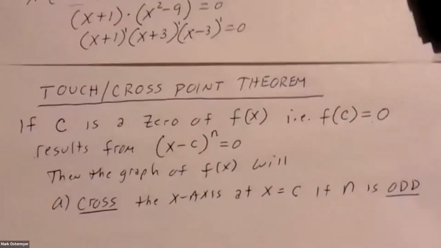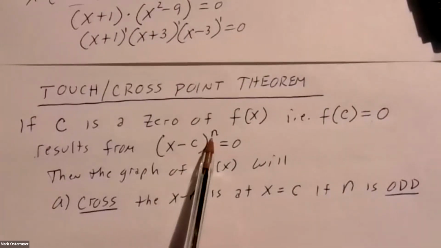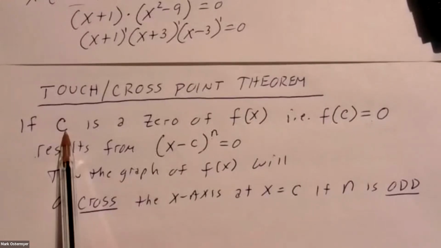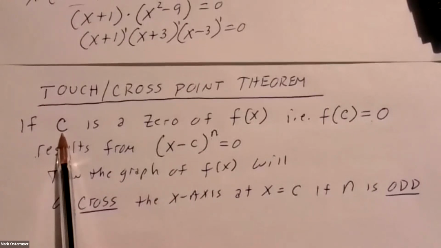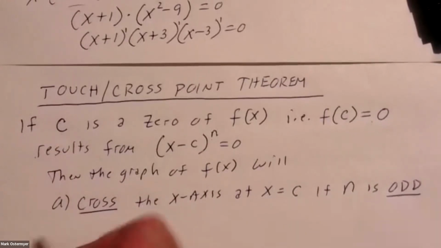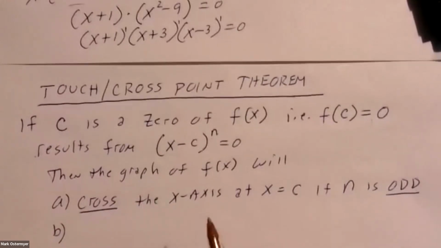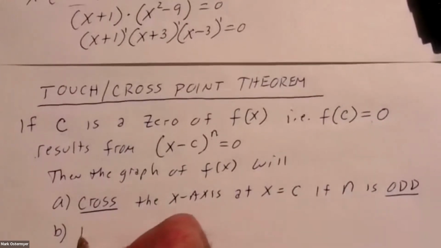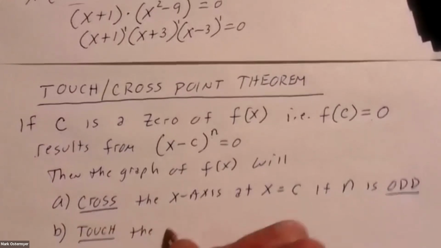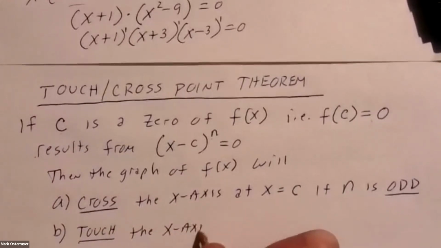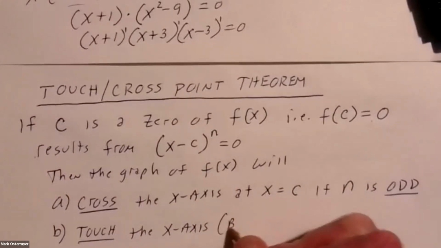So if this factor is raised to an odd power that yielded this 0 c, then the graph of f of x will cross the x-axis at c, guaranteed. It'll go right through the x-axis at this value. However, the graph of f of x will just touch the x-axis, but not cross.